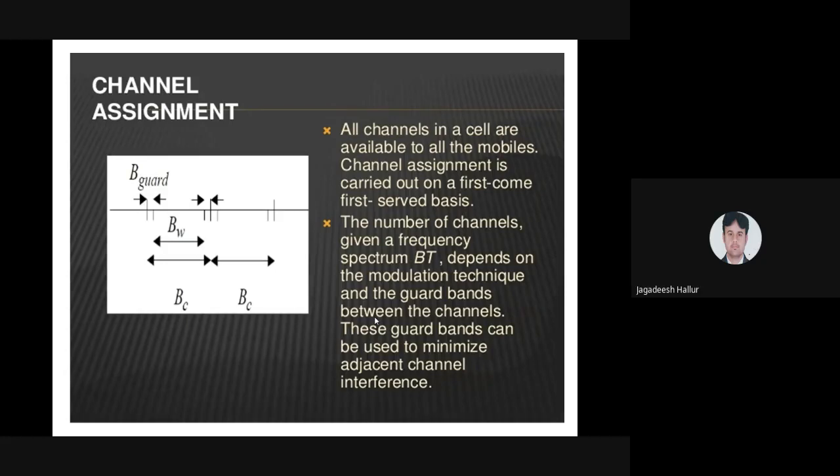Once the call has been over, that channel has to be returned back to the original cell. This technique has to be used in frequency division multiple access. So the channel has to be allocated on a first come first serve basis.